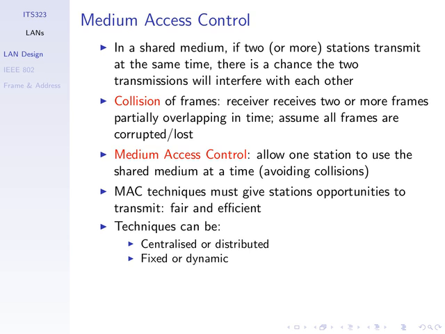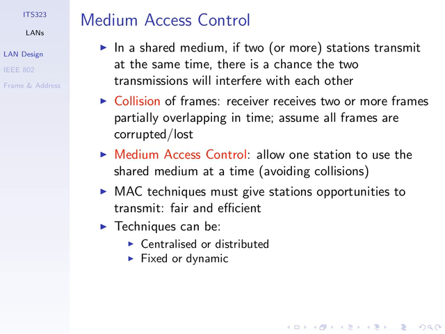So one station can transmit, and then I transmit, and then the other station, then I. So we could have a schedule, and that schedule is fixed over some period of time to allocate who can transmit. Or it can be dynamic, in that depending upon what the stations want to transmit, the opportunities they get to transmit may vary over time.